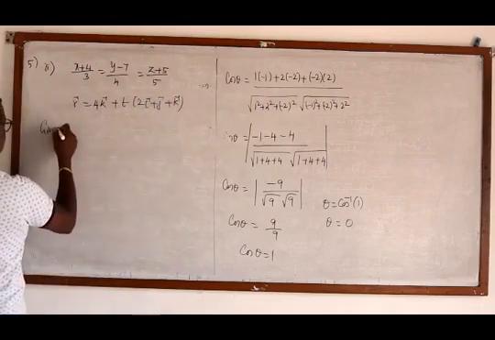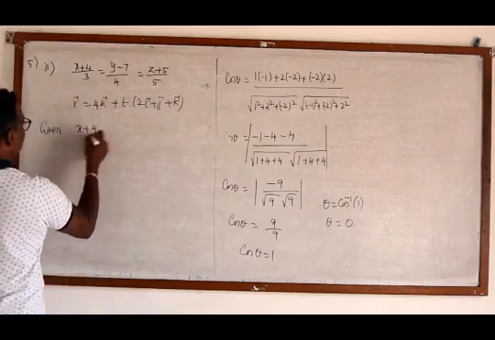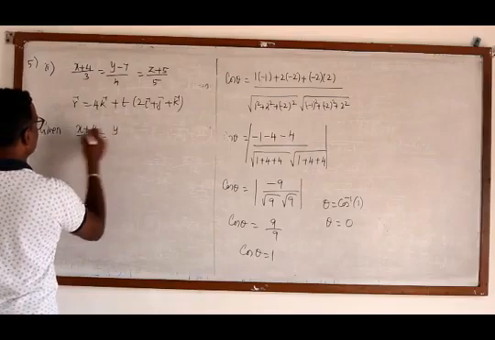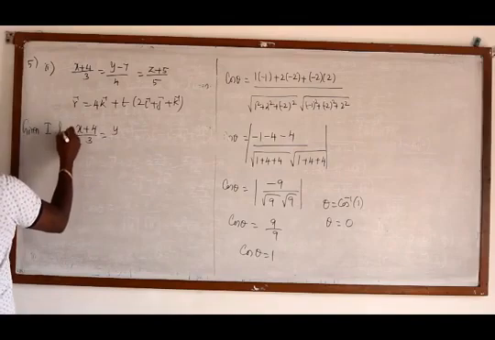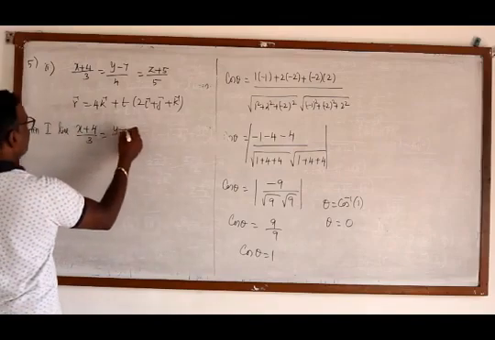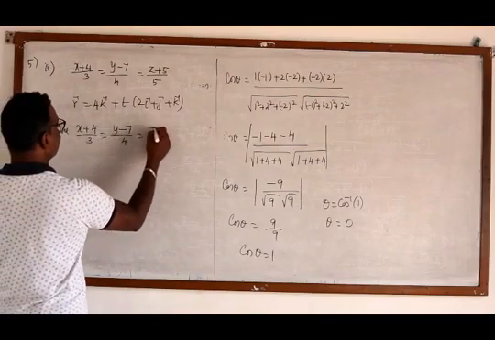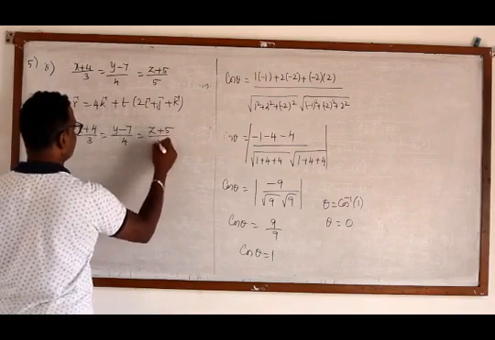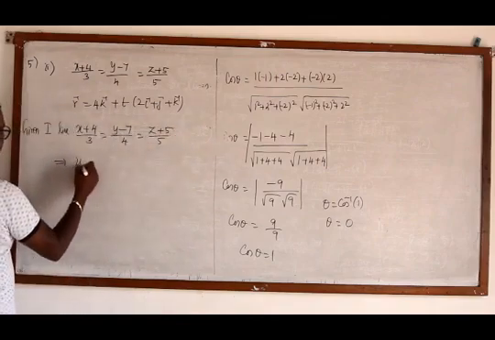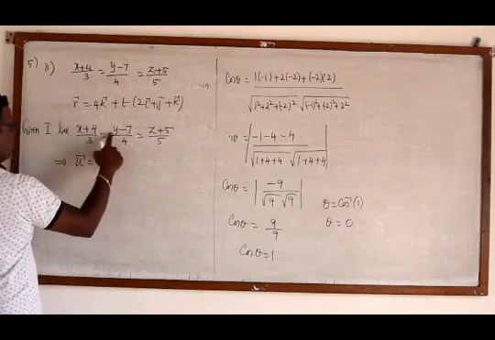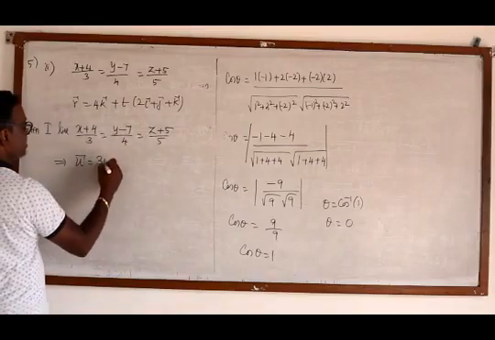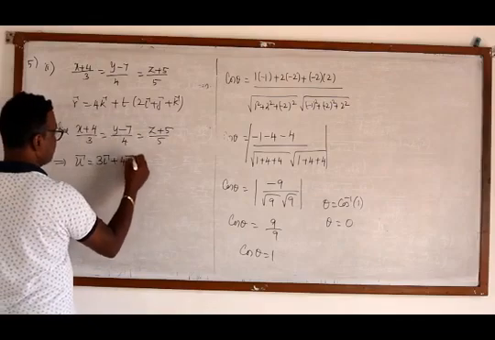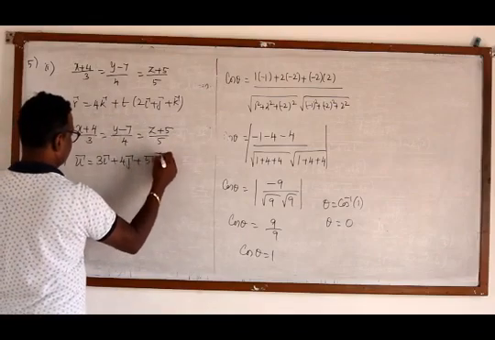Given, the first line is x plus 4 by 3, y minus 7 by 4 equal to z plus 5 by 5. Then in this case the vector is the x coefficient, y coefficient, z coefficient. Therefore u vector is 3i plus 4j plus 5k.